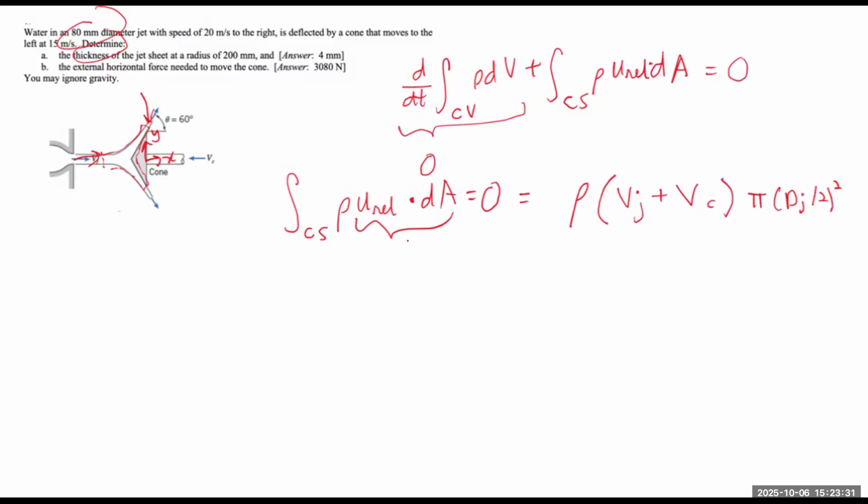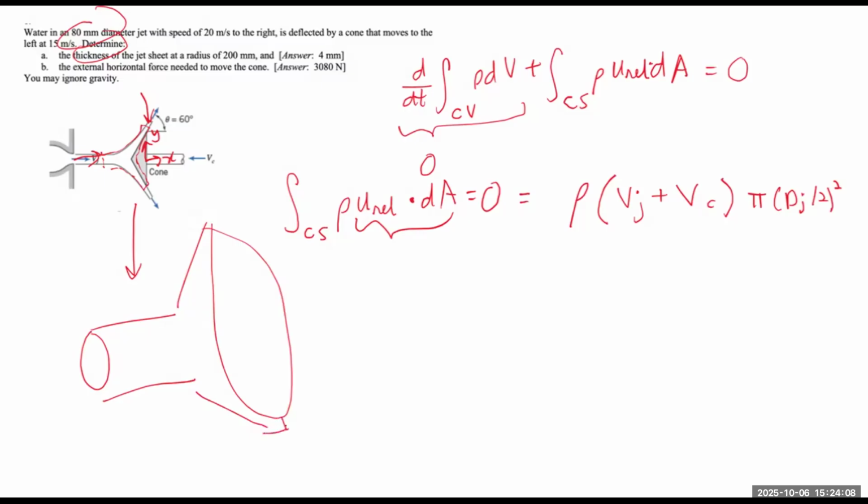Now we have the first part. There are two exit points, as we see over here. However, we have to keep in mind that this is actually three-dimensional. This means we're going to have to look at the control volume more closely, as something that looks like this, and it's going to have a thickness of this.